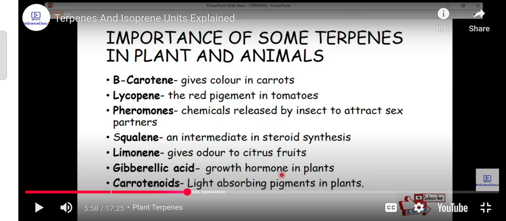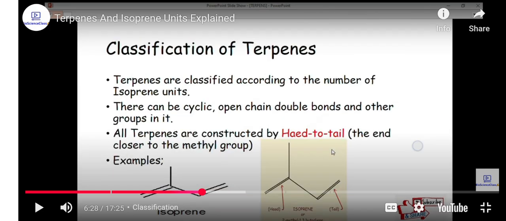Gibberellic acid is a growth hormone in plants. Yeah, gibberellins, we know that. Carotenoids are light-absorbing pigments in plants. So in plants they play a role, and in animals, if they eat them, they also have physiological properties. Then coming to classification, terpenes are classified according to the number of isoprene units.